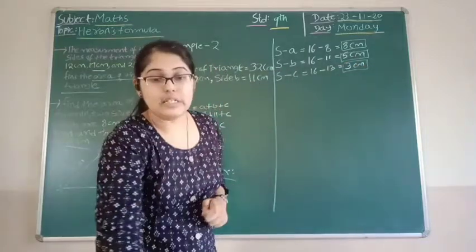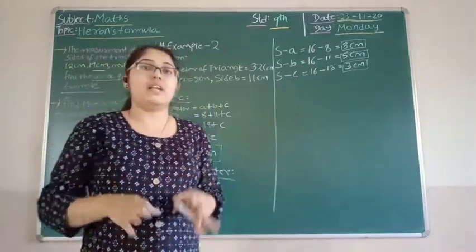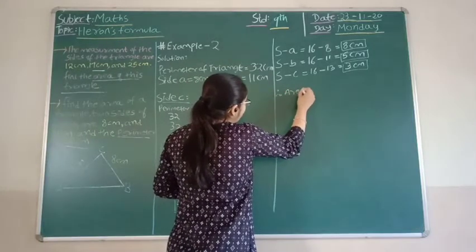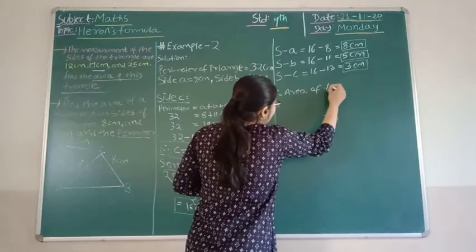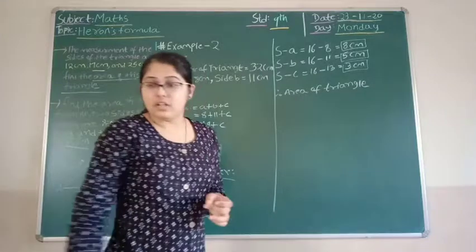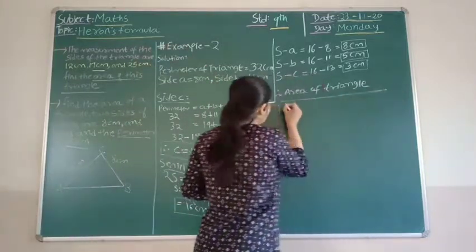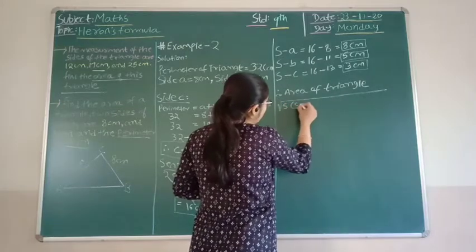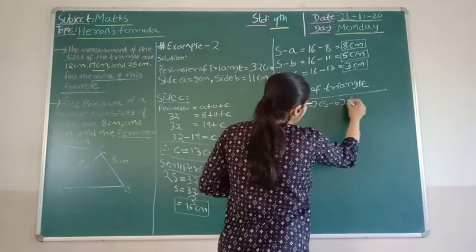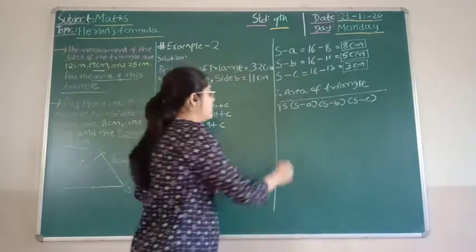Now I am going to apply all of this in the formula of area of triangle. So I am writing over here, therefore, area of triangle. As we know the formula, it is the square root of S into S minus A, S minus B and S minus C, and respectively I will put all the values for this.